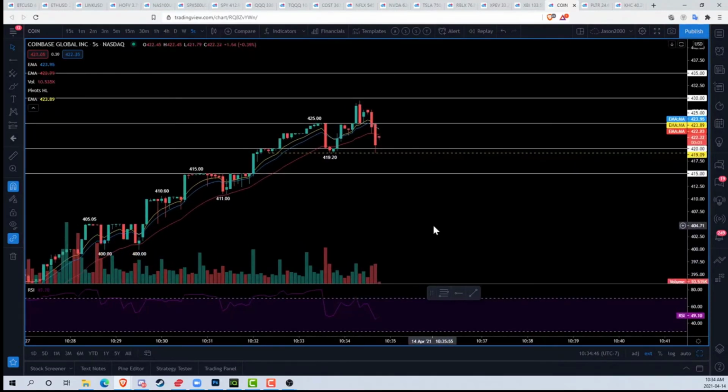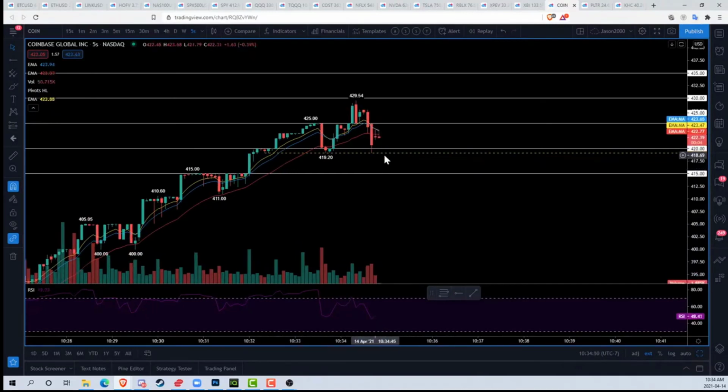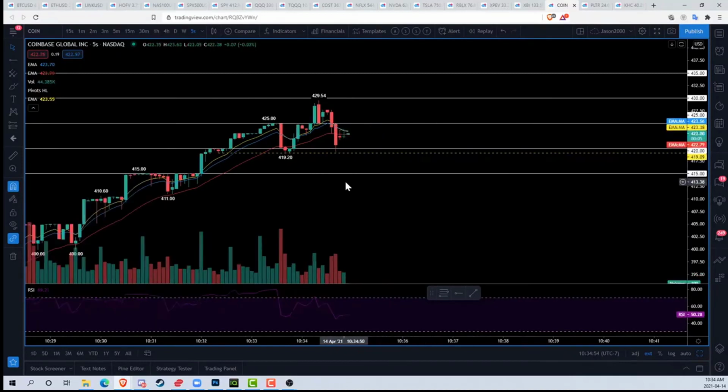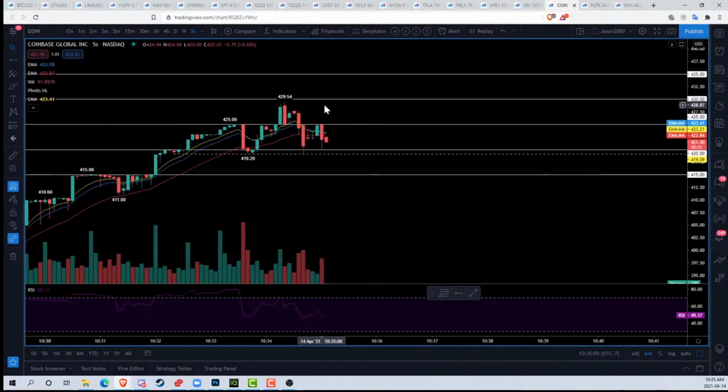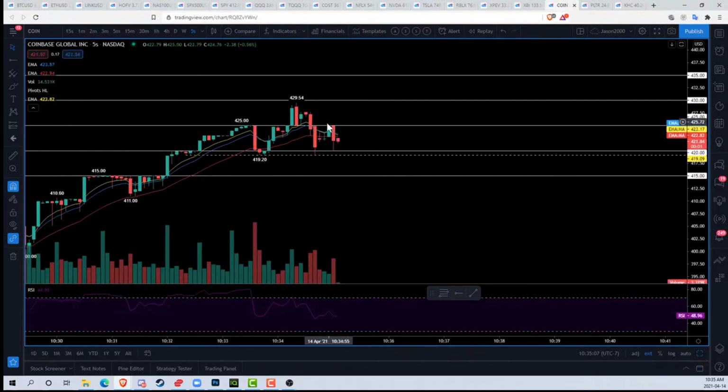Seeing a little bit more selling pressure coming in now. So I think 419.20 is going to be a key level for us in the short term. 430 to 419. Given that we hit this high and this pullback, I think a lower high under 429.50 is more likely. 425 coming back into play as support.